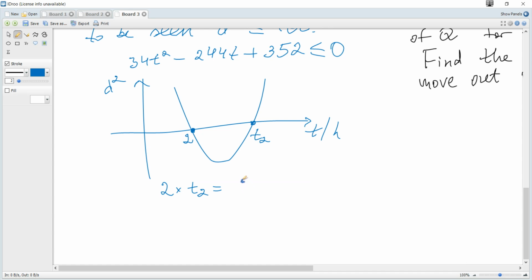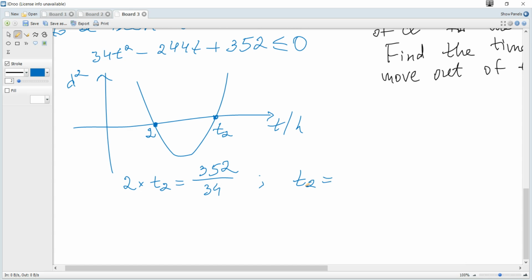So the product is 352 divided by 34, hence the t coordinate t2 is 352 divided by (2 times 34), and it is equal to 5.18 hours.